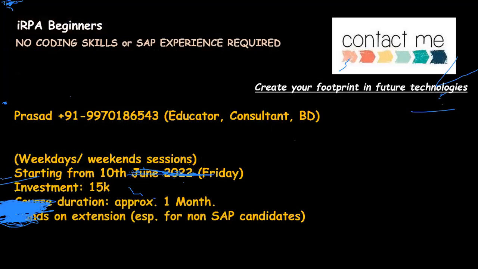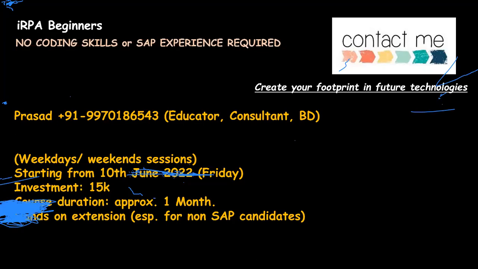Last but not least, about the course. I'm going to start this course from 10th of June, from Friday. The course will comprise 3 units. First, SAP BTP Basics from an administrative point of view. Second, which is our main focus, RPA. End to end we are going to learn.